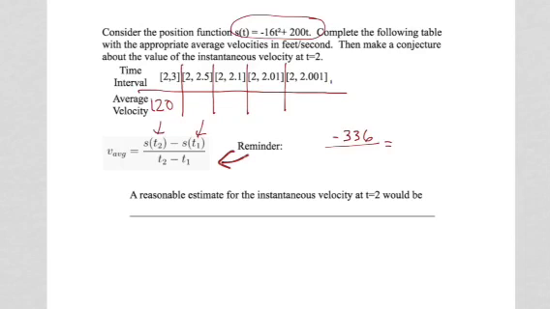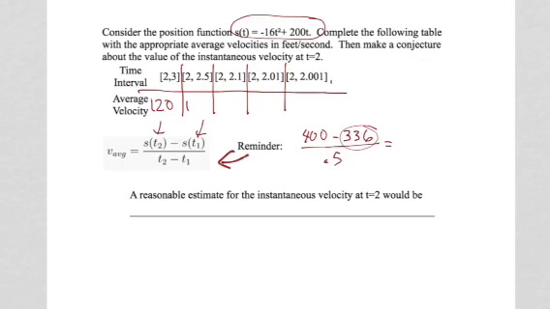So you would be doing negative 16 times 2.5 squared plus 200 times 2.5, and I got 400. Now the denominator is a little smaller. 2.5 minus 2 is 0.5. So again, the 336 will stay the same every single time. So you're just doing two different parts. Then you're dividing.